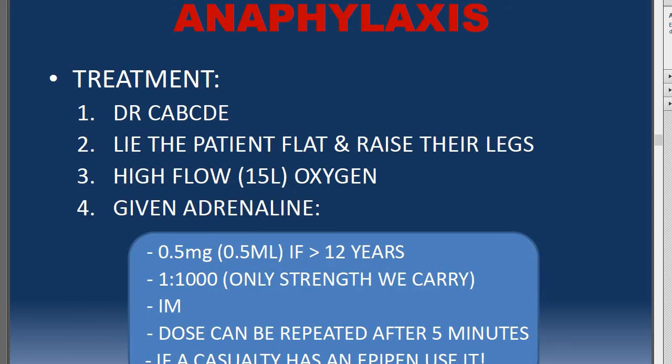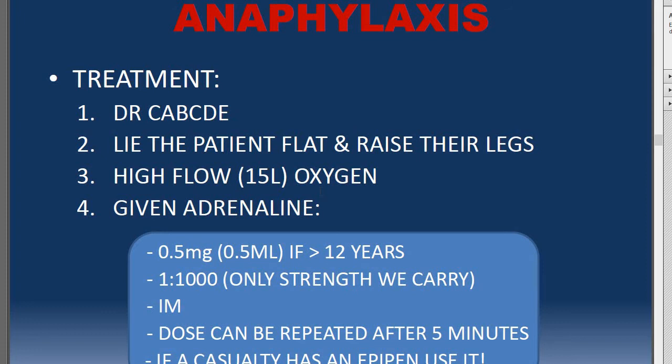So treatment, so doctor ABC, lie the patient flat and raise their legs. This is a really important principle for anyone who's what we call shocked. So their blood pressure is low, and their circulating volume and their pressure is too low to maintain normal bodily function.